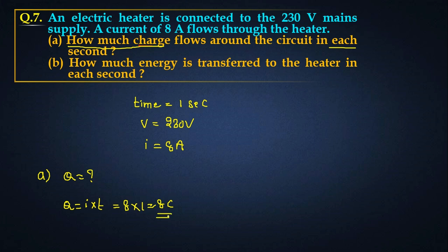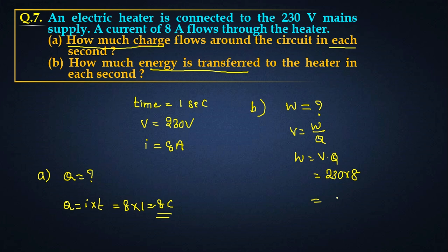Now the second bit, how much energy is transformed? Energy is measured in joules, W is equal to question mark. We know that V is equal to W by Q, then W is equal to V into Q. V is 230, Q is 8, that is equal to 1840 joules.